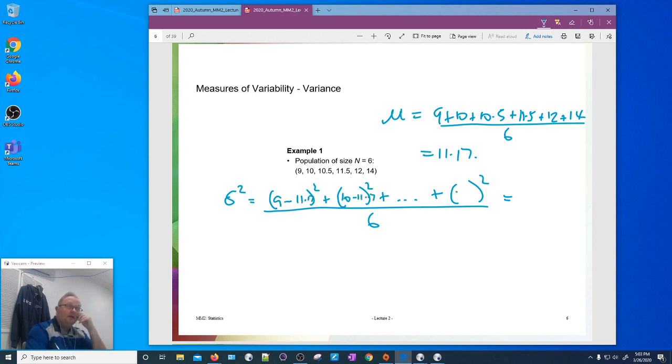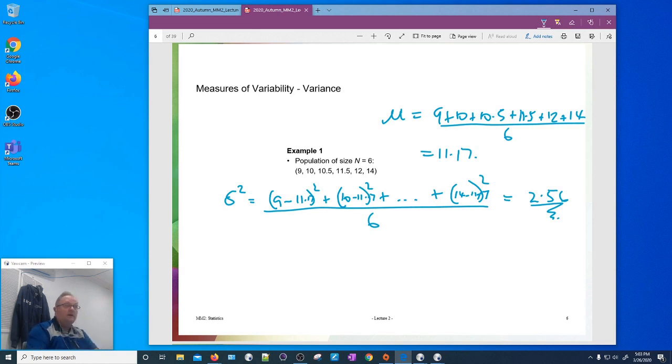And down the end here we have 14, and so we get a total 2.56. So that's our variance. That's an interesting number because it tells us about the variance from the mean.